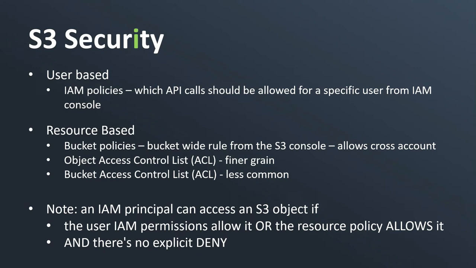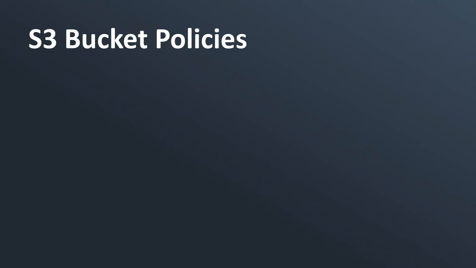Or if the resource policy, so usually your S3 bucket policy, allows it, and you need to make sure there is no explicit deny. So if your user through IAM is allowed to access your S3 bucket, but your bucket policy is explicitly denying your user access, then you will not be able to access it. Okay?